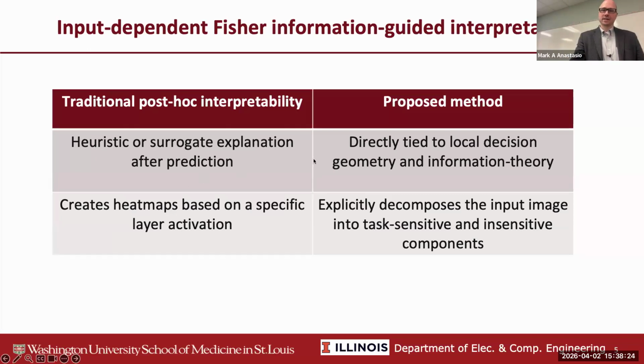On the right-hand side, in the right column, these are some of the features of the method I'm going to describe. It's tied to the local decision geometry via analysis of an input-dependent Fisher information matrix. And instead of just producing a heat map that you superimpose onto your input image, we seek to actually decompose the input image via a vector space decomposition, where we can decompose it into the task-sensitive part and the part that was not task-sensitive.